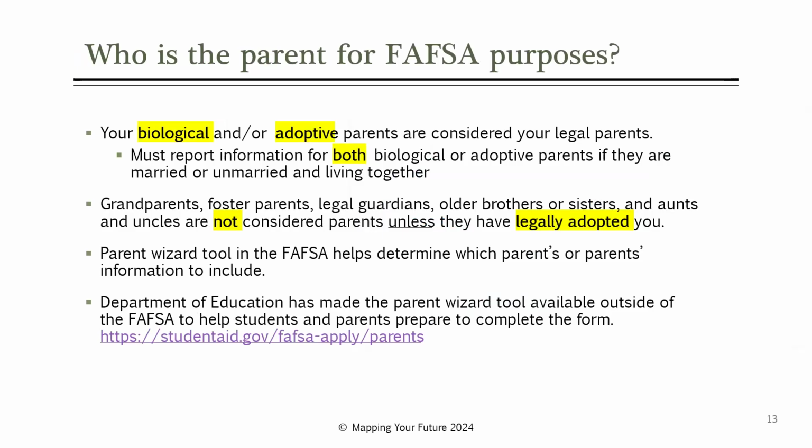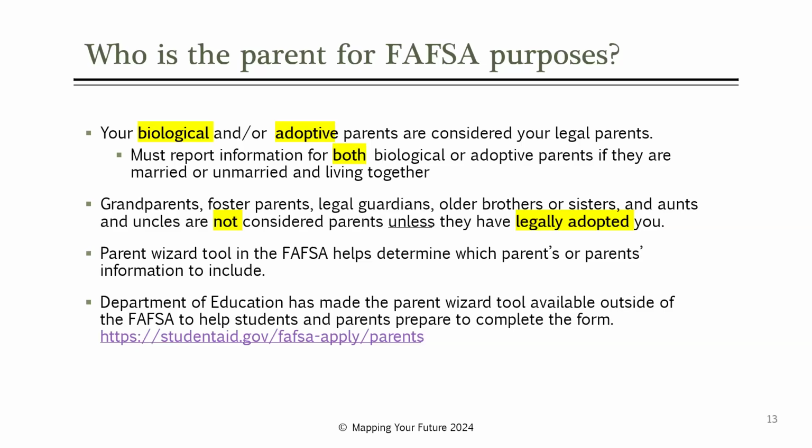You must report information for both biological or adoptive parents if they are married or unmarried and living together. Grandparents, foster parents, legal guardians, older brothers or sisters, and aunts and uncles are not considered parents unless they've legally adopted you.